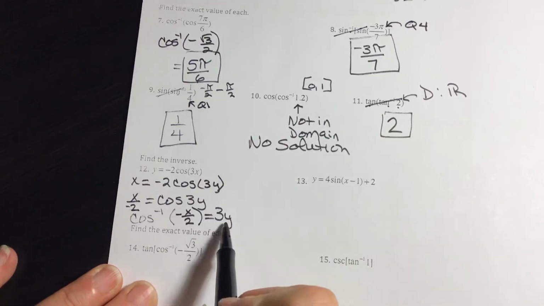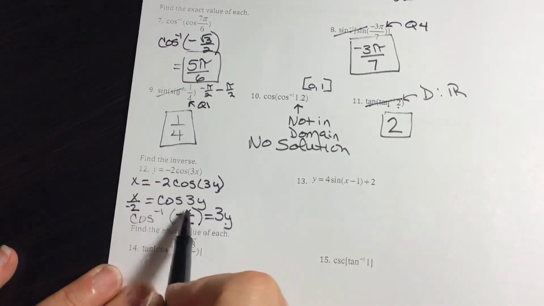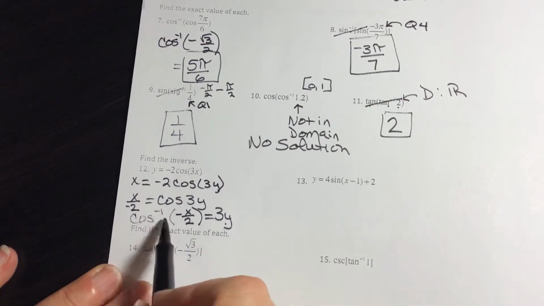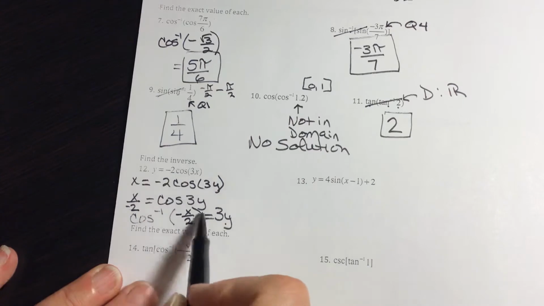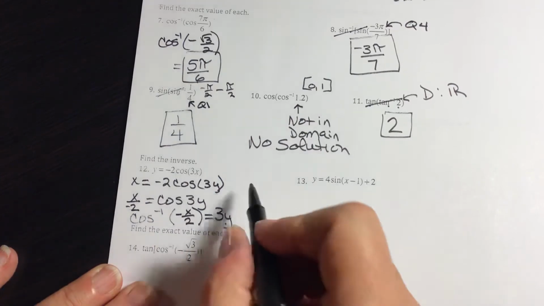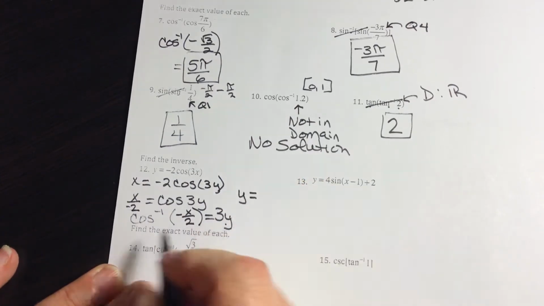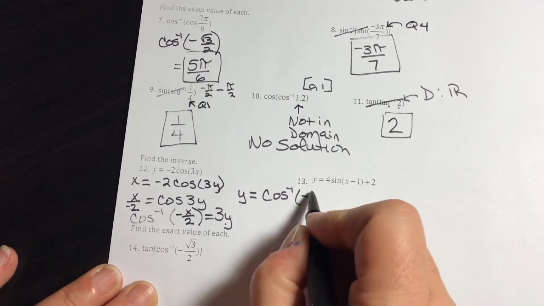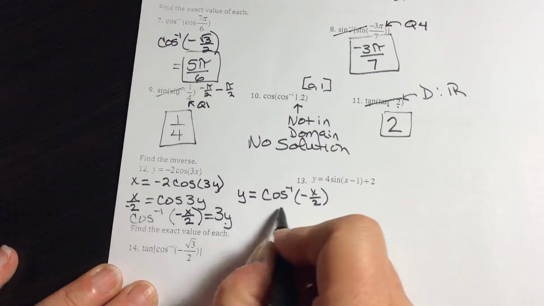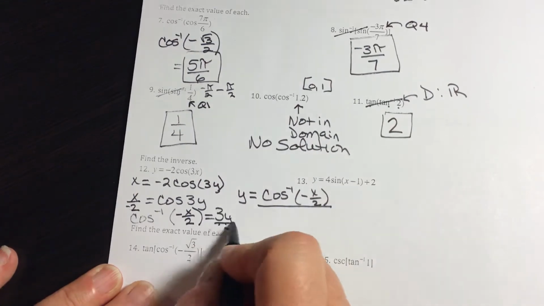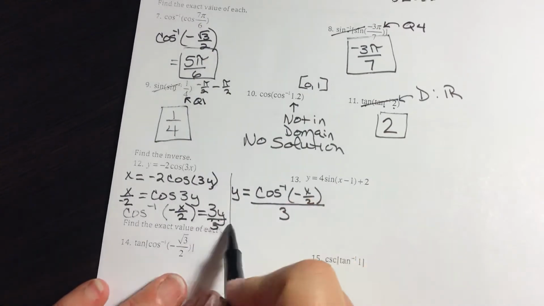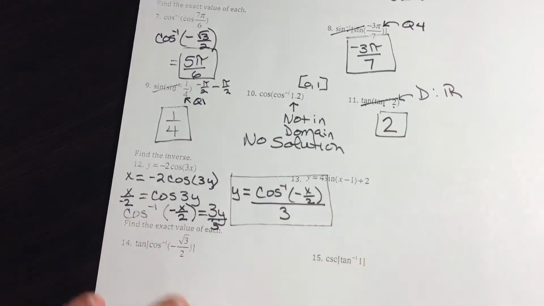And in this case, to solve for y, I'm going to divide all of this by 3. So this gives me an angle, and whatever that angle is, I'm dividing by 3. So it looks like inverse cosine of -x divided by 2, and all of this is divided by 3. Okay, so this is the inverse equation.